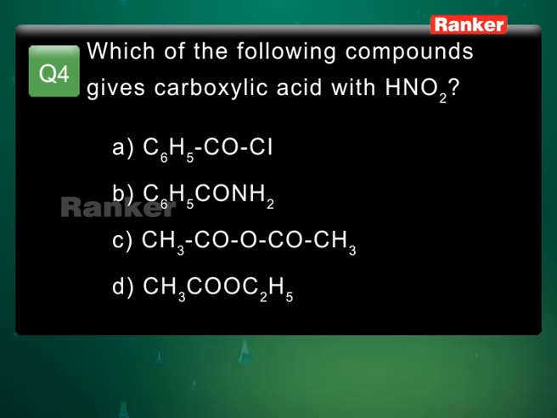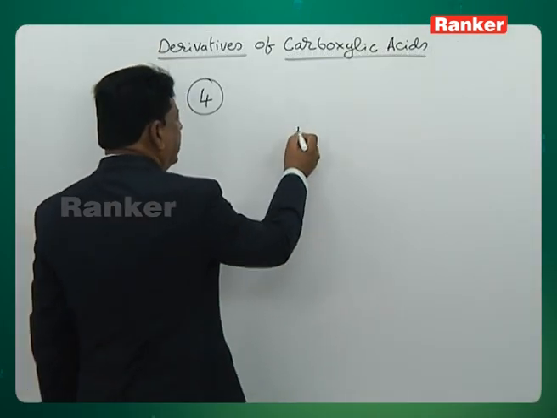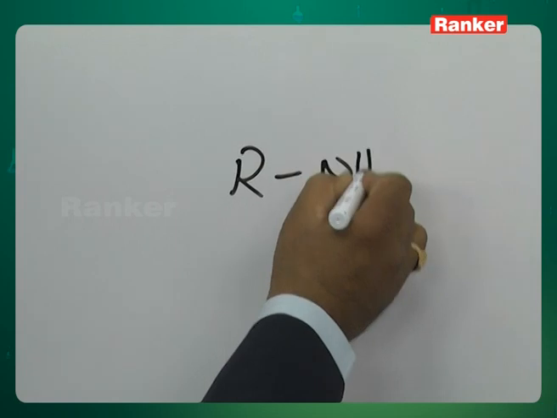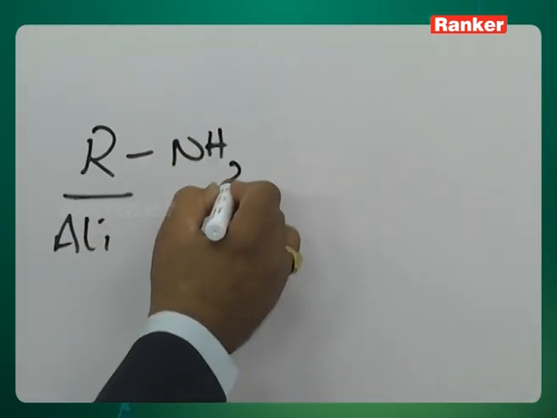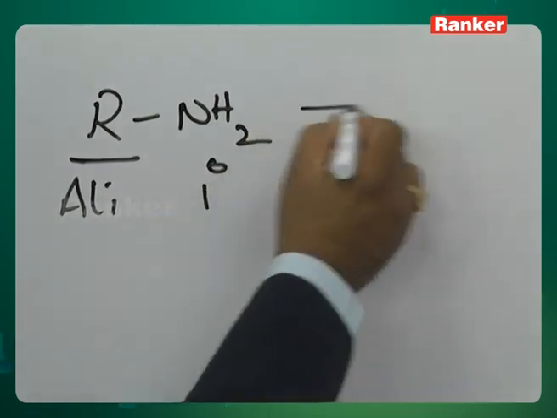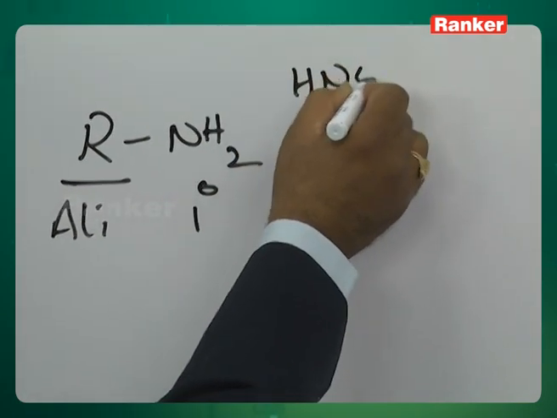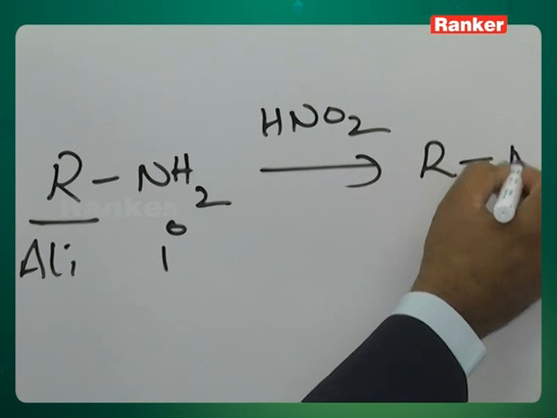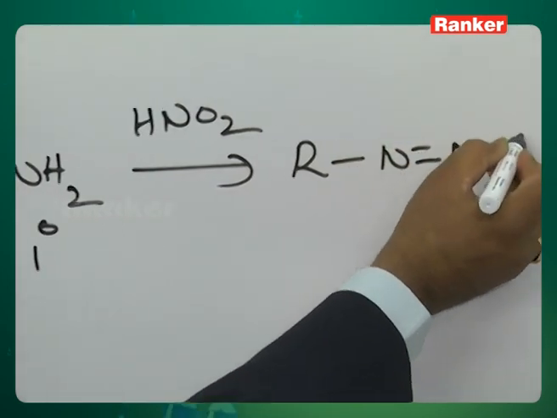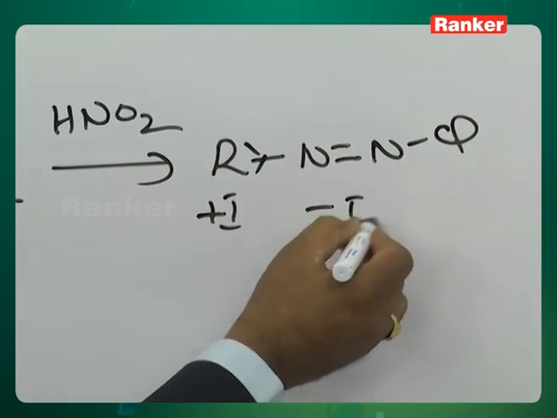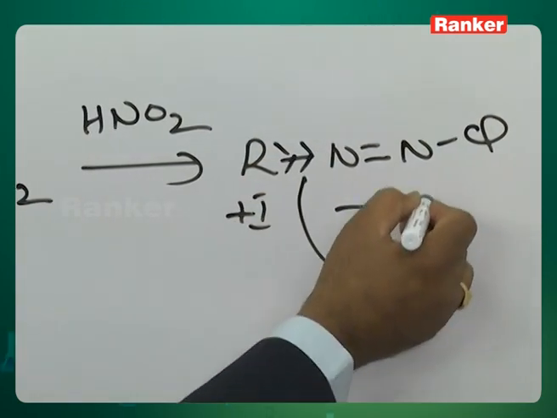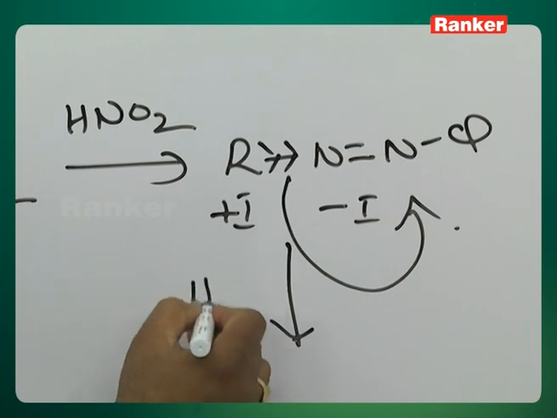Here we know a fundamental reaction: aliphatic primary amines, this should be aliphatic and primary, will undergo reaction with HNO2 and give RN2Cl, but because of the minus I effect, this N2 will go out in the aqueous solution, where water will be there.